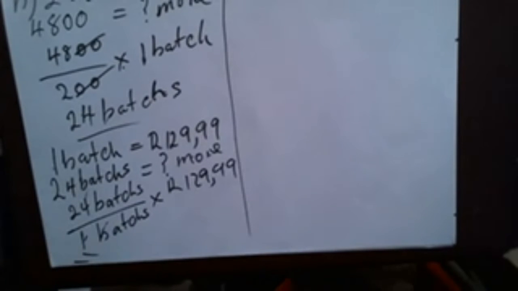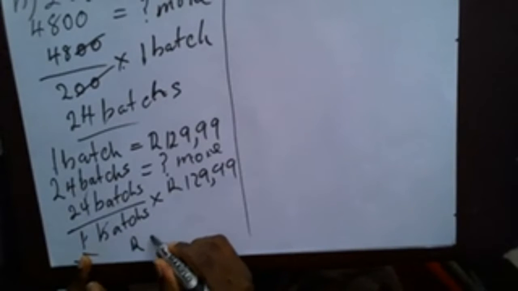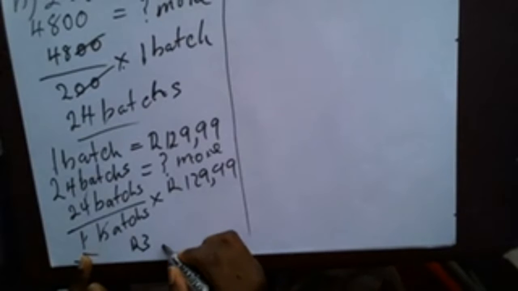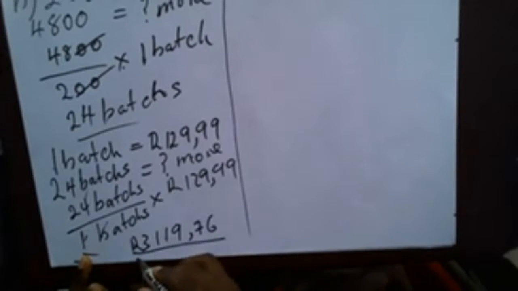So we are saying 24 multiplied by 129.99, which is equal to 3,119.76 rand.